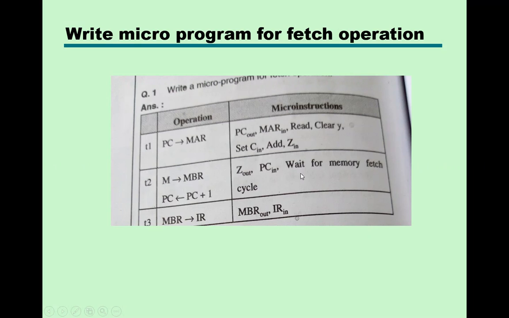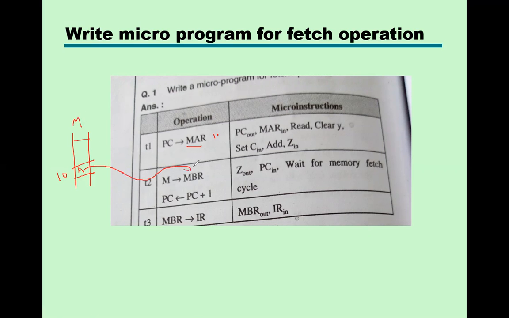Whatever data is there at the memory location is loaded into the memory buffer register, right? For example, this MAR is 10, and this is the memory. At the 10th location A is there, so that A is loaded into the MBR.